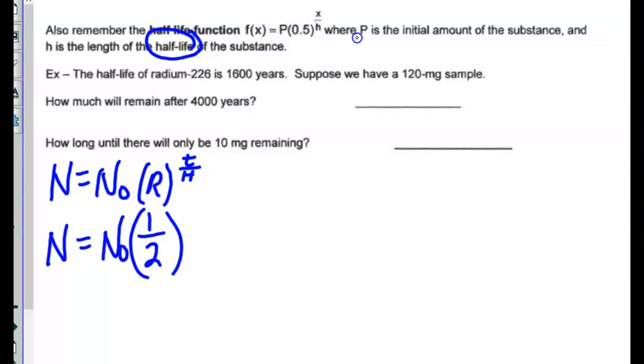All right. This one says P is the initial amount. Well, we have N sub 0. And H is the length of the half-life. Okay. So we still have this value down here of H. Now, what is the number you don't need in this question? Does anybody know? Because it messes people up all the time.